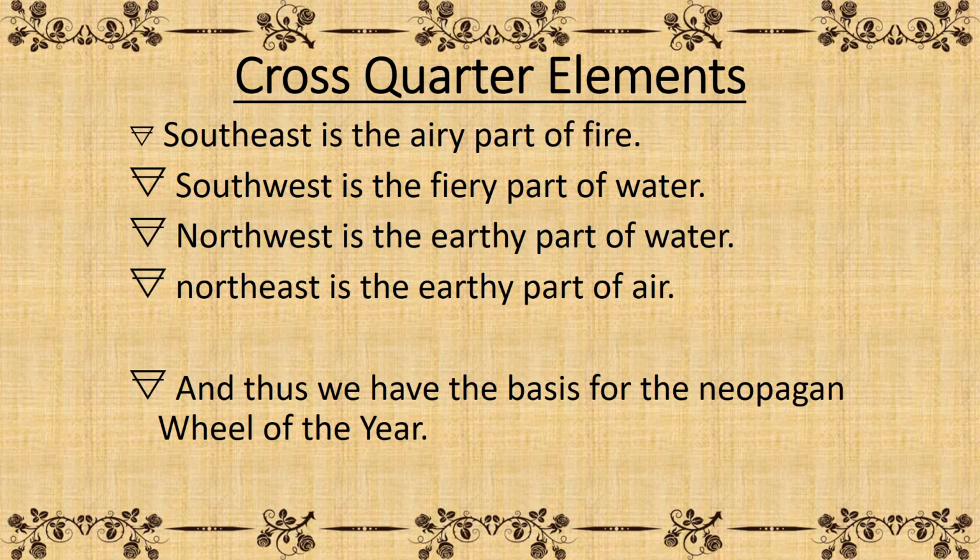Southeast, so the point between east and south, is considered the airy part of fire. Southwest is the fiery part of water. Northwest is the earthy part of water. Northeast is the earthy part of air. So you can see how these and the other four cardinal elements all laid the foundation for the neopagan wheel of the year that is still currently used today.